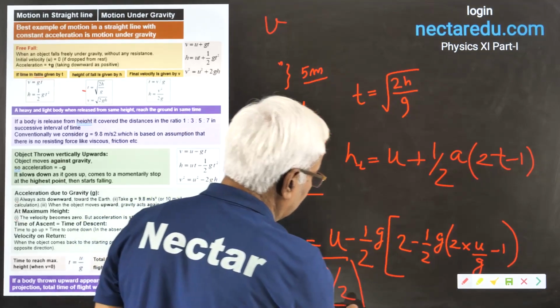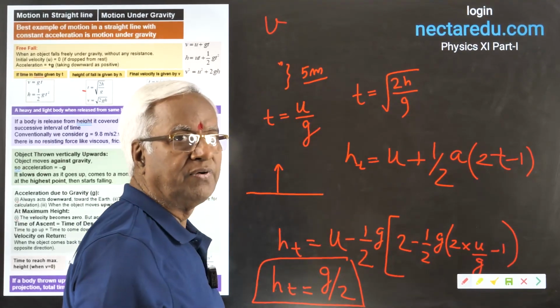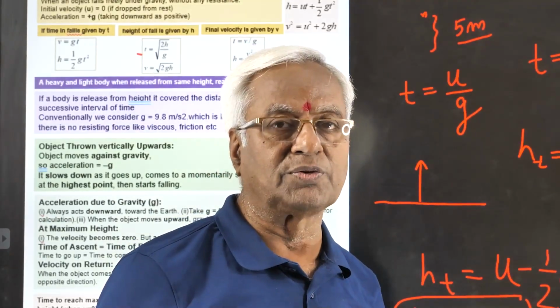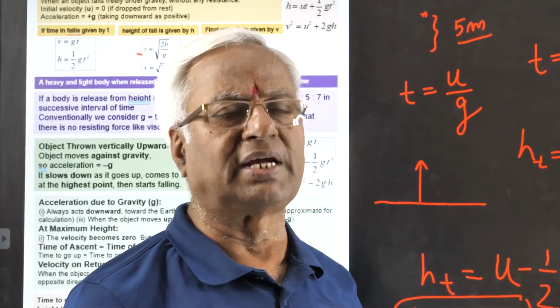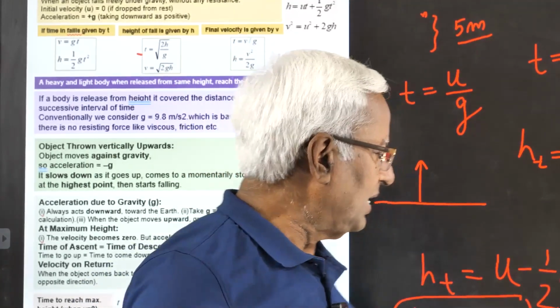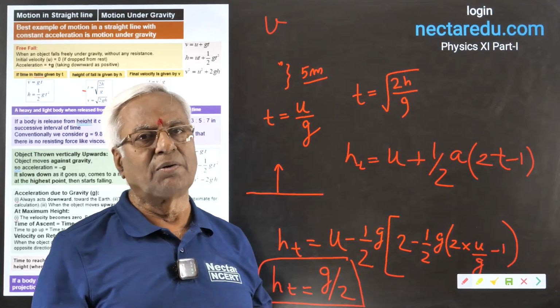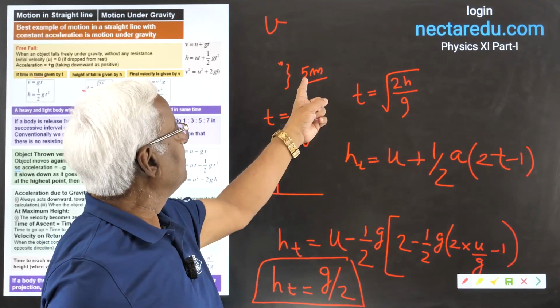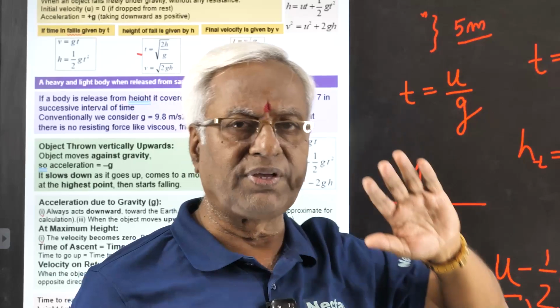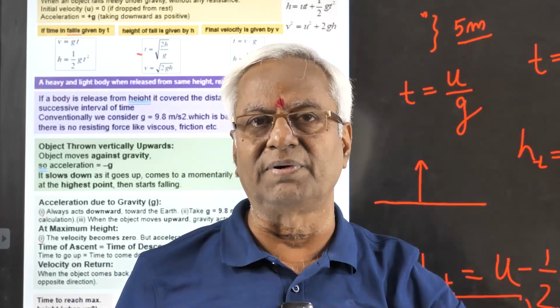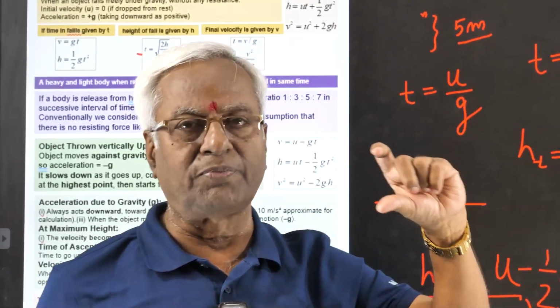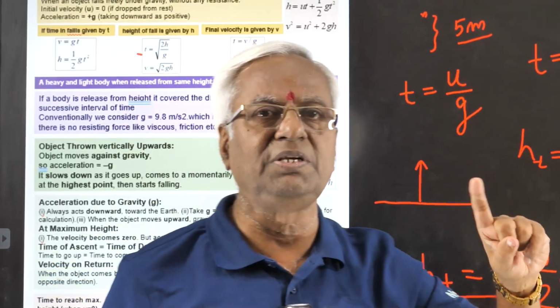The distance traveled in the last second of upward motion is always g by 2, that comes roughly equal to 9.8 by 2, that is 4.9. There is an approximation while saying 5 meters, but it is very correct that the distance traveled in the last second of the upward journey is always g by 2.